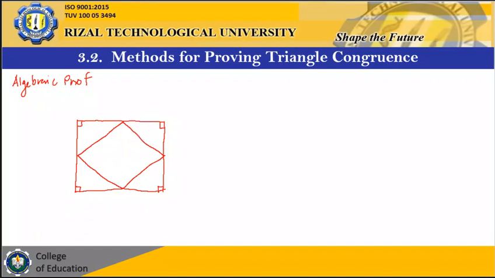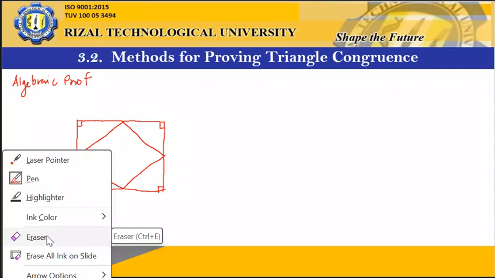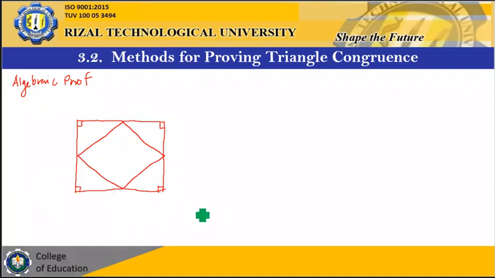So let's name all the bisections as, for the shorter leg, let's name it as A. All the shorter legs as A. And A here.